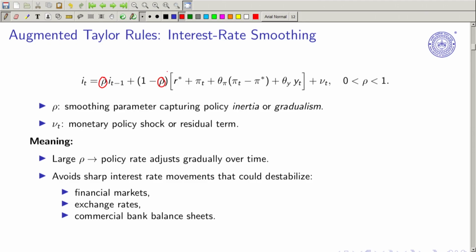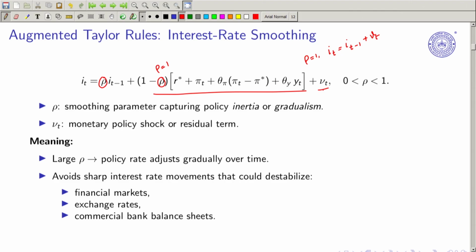Now if you see the extreme bound cases, suppose I assume that rho is equal to 1. Then 1 minus 1 is 0, so the whole expression becomes 0. It means that one can easily predict the rate of interest, because it is just equivalent to I t minus 1 plus the error term.